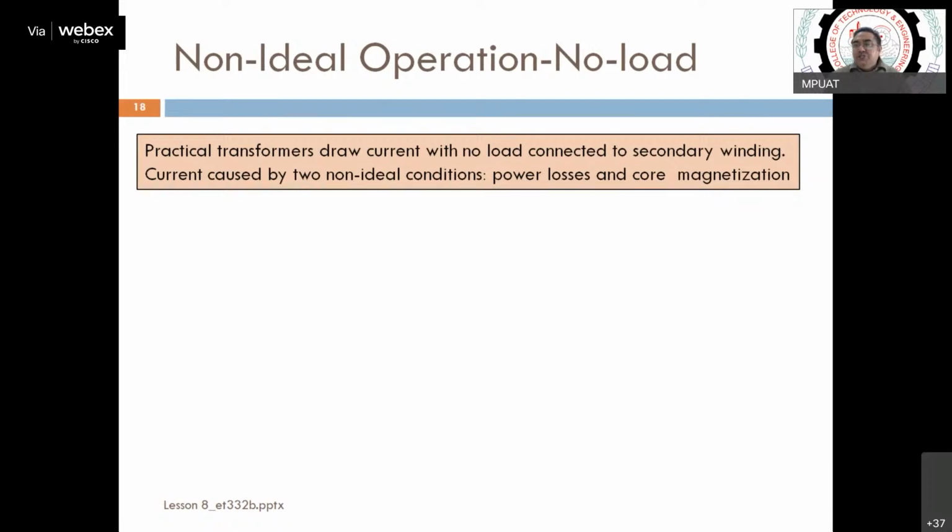These are the conditions of the ideal transformer, but practically there are losses, leakage flux, and magnetizing current. So now we will take into account all these things and develop a model of the transformer again, to see how it behaves under non-ideal conditions. We will take two conditions, one on no load and another on loaded condition. The important point here will be the phasor diagram. So in the next class we will talk about the non-ideal operation of a transformer under no load conditions.